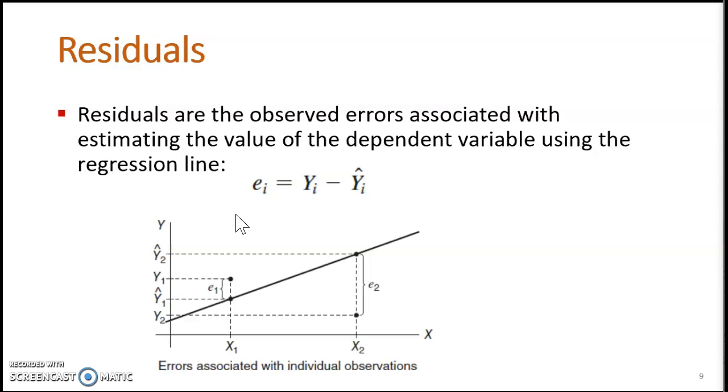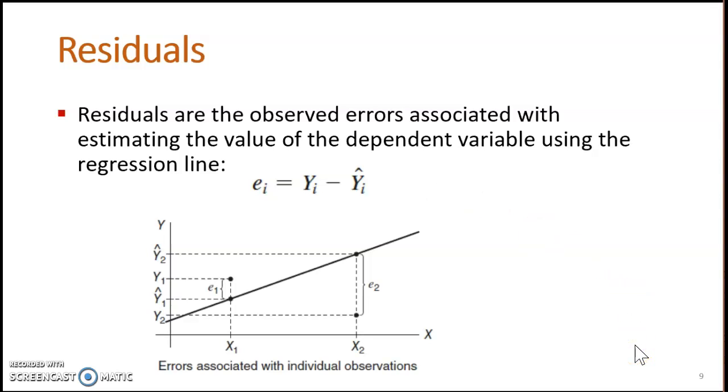Therefore, the error associated with the ith observation can be found using this formula: error of i equals y of i minus y hat of i.